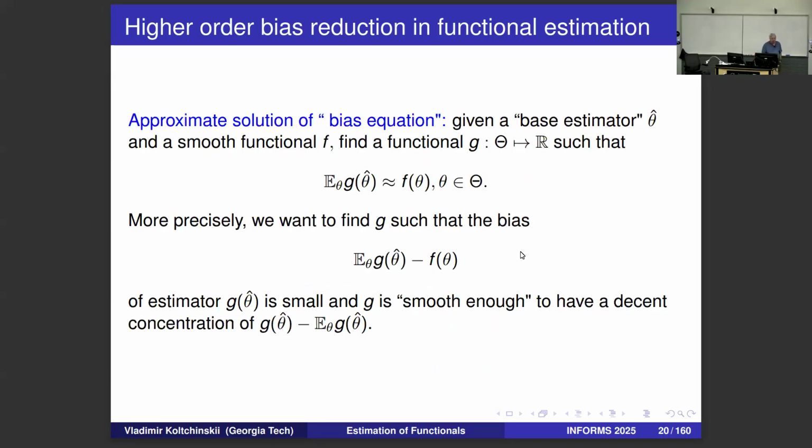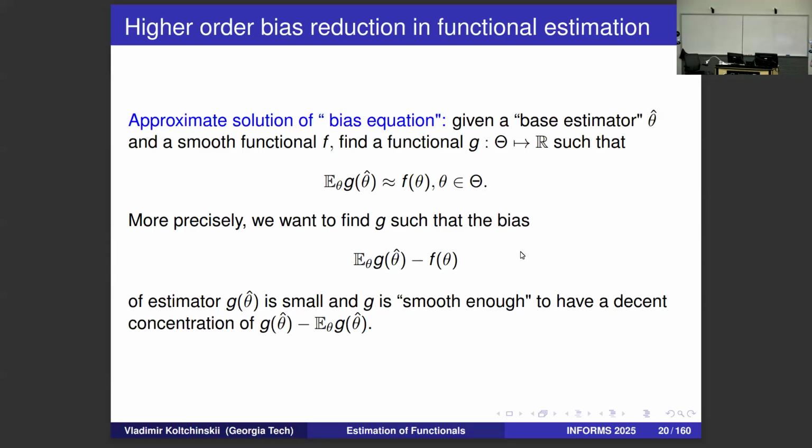And one method that I will discuss is the method based on approximate solution of what I will call the bias equation. So the idea would be this. The plug-in estimator is bad, so it's bad to just apply the functional f itself to some base estimator, for instance the MLE, theta hat.